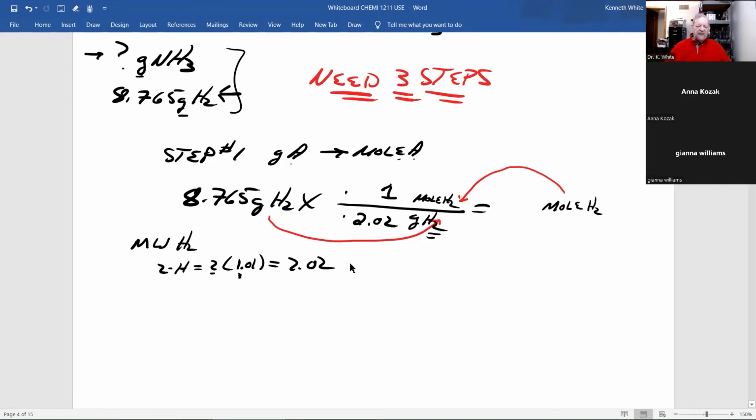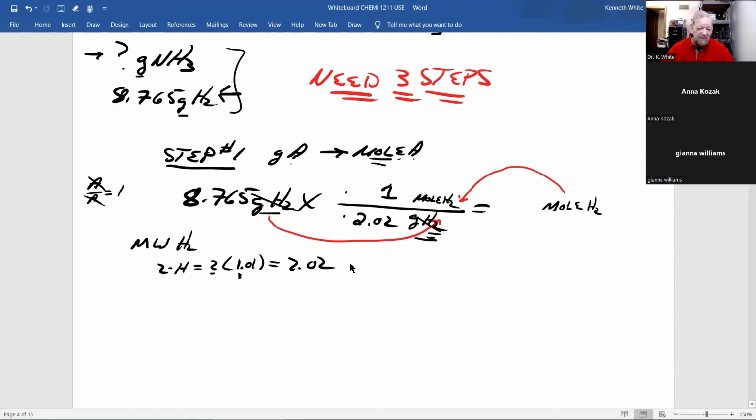Now, before I pick up my calculator, I will ask, do my units cancel out to give me the right answer? Notice grams of hydrogen divided by grams of hydrogen, anything divided by itself equals number 1, cancels out. I'm left with moles of hydrogen, which is what we're trying to get in step 1.